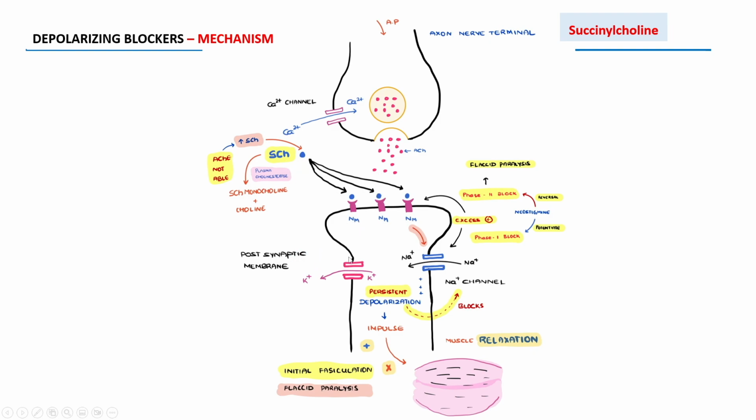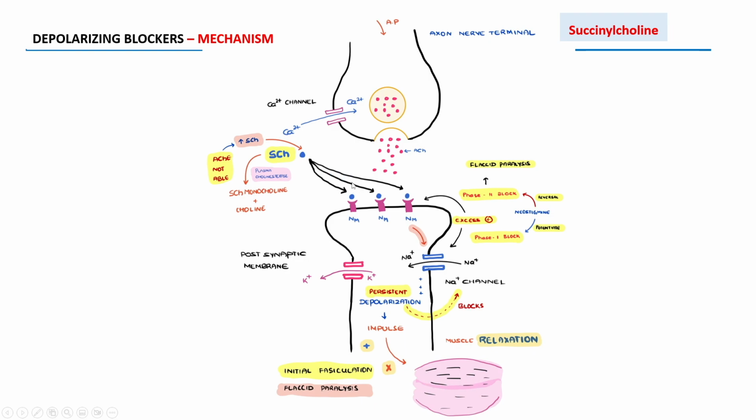This succinylcholine will bind to the NM receptors on the postsynaptic membrane, and they are going to stimulate the sodium channel. The stimulation of the sodium channel will lead to influx of sodium, and simultaneously there will be efflux of potassium. This will cause depolarization of the postsynaptic membrane, leading to the generation of the action potential and impulse generation, which are responsible for triggering muscle contraction.